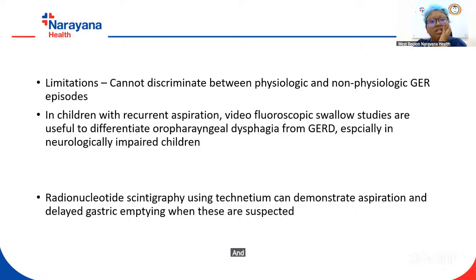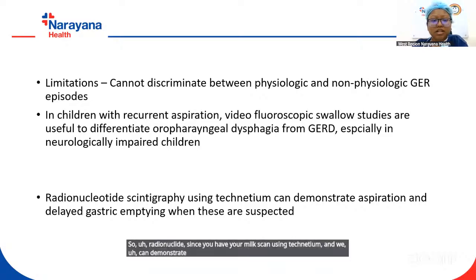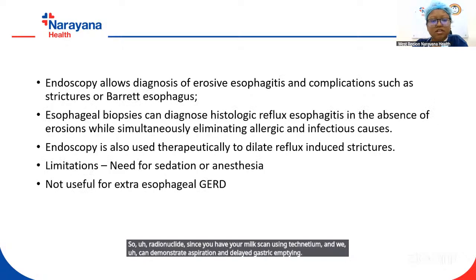And in children with recurrent aspiration, video fluoroscopy studies are recommended. Radionuclide scintigraphy or milk scan using technetium can demonstrate aspiration and delayed gastric emptying whenever it is suspected.